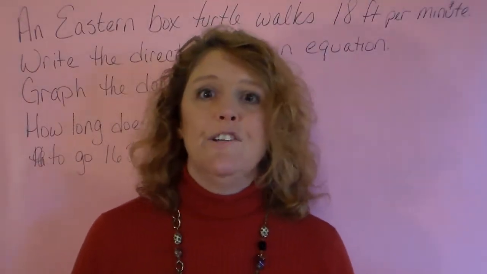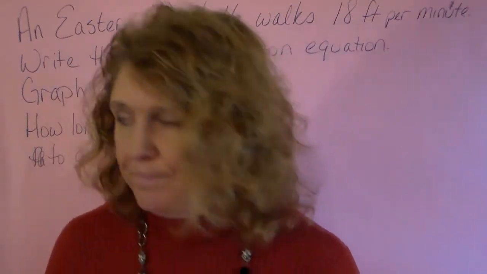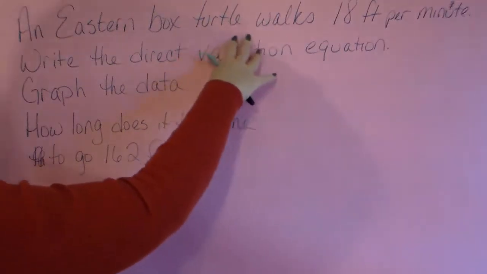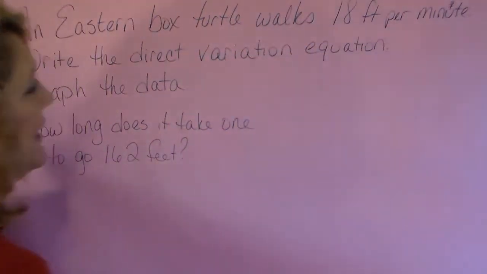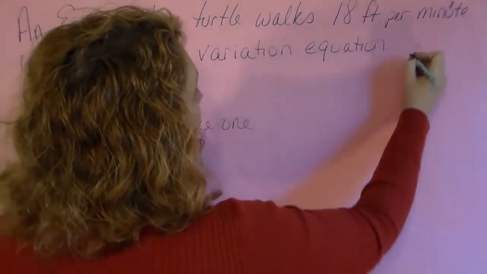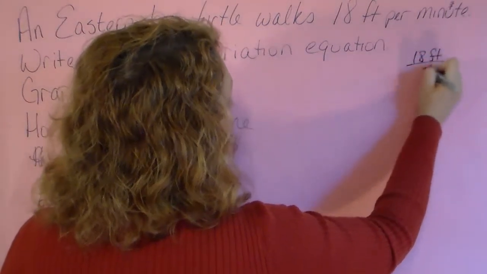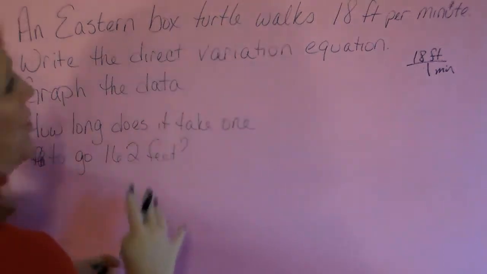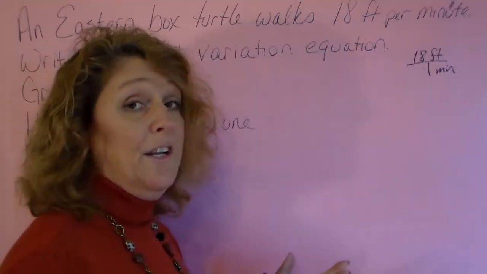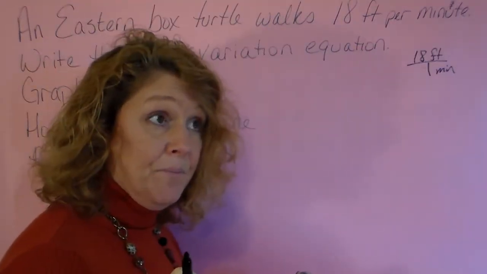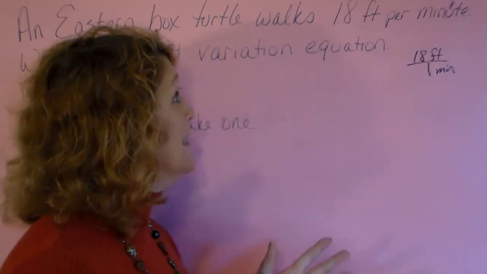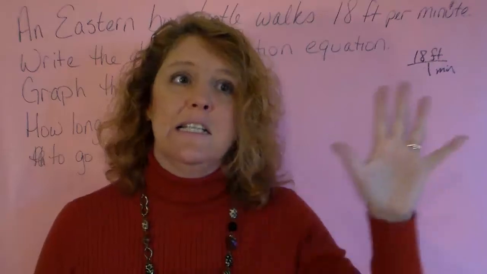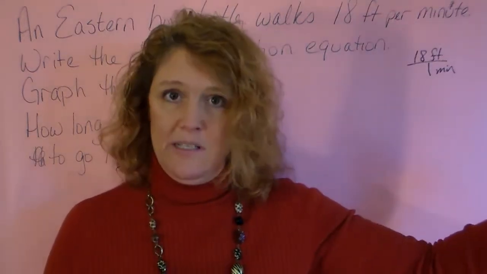How do we use direct variation in a word problem? Here's our example. An eastern box turtle walks 18 feet per minute. There's our rate. 18 feet in 1 minute. Write the direct variation equation. Well, I know that our distance, however far this thing walks, is going to be 18 feet times however many minutes he walks.